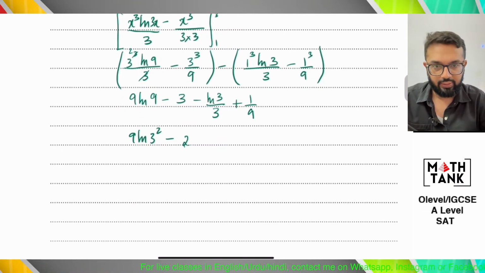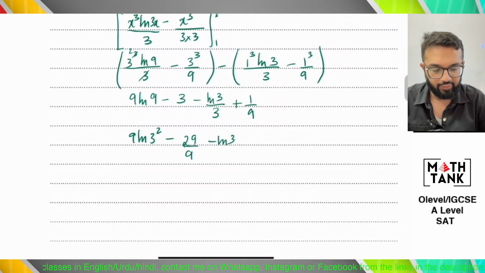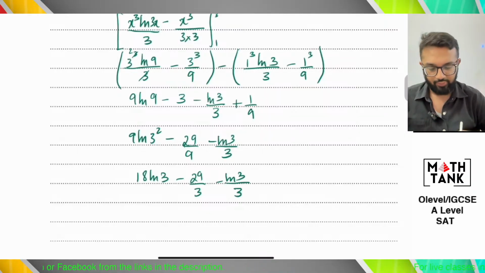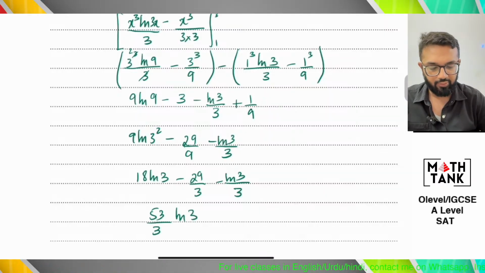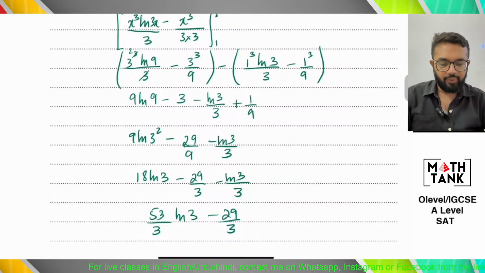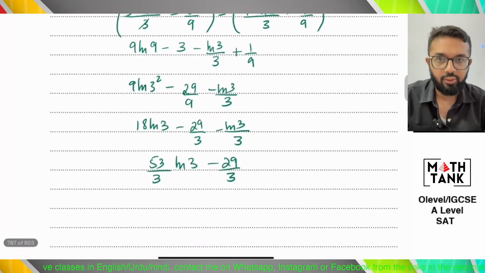It's 26 over 9, yes, that's correct. And there's a minus ln 3 over 3. So that becomes 18 ln 3 minus 29 over 9 minus ln 3 over 3. So 18 minus 1/3 gives me 53 over 3 ln 3 minus 29 over 3. Okay, that is question number 2.